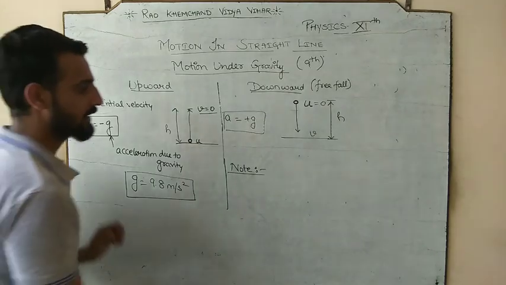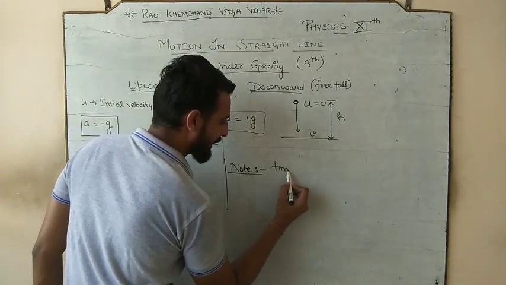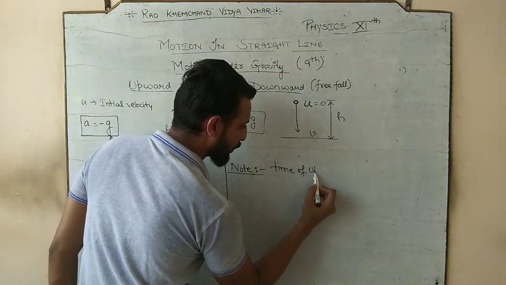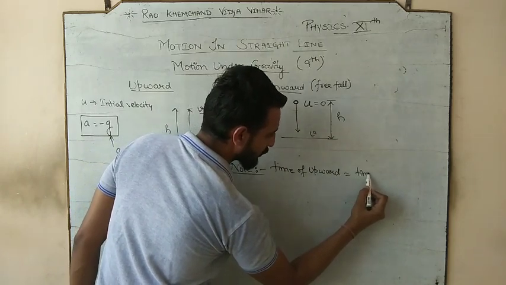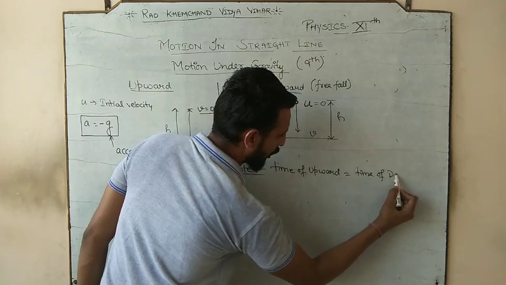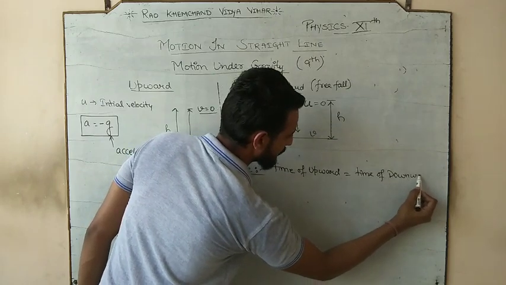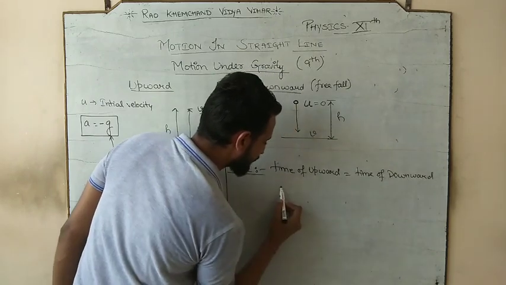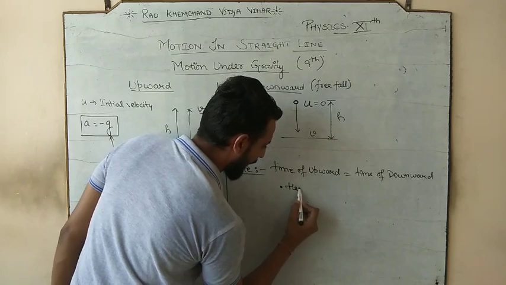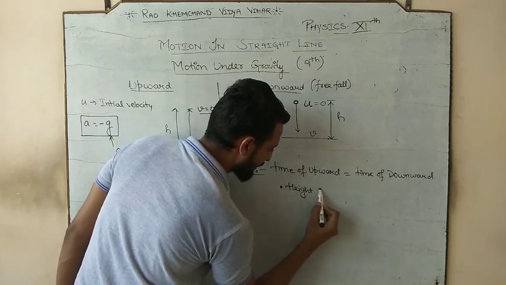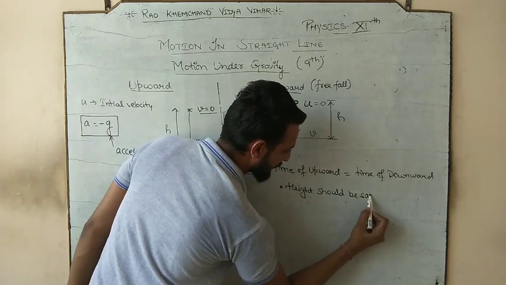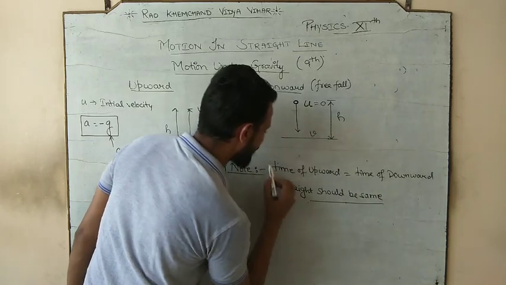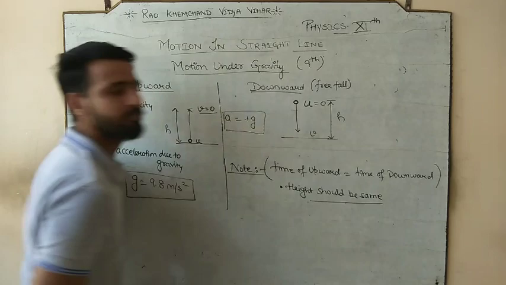What is the note? That the time of upward is always equal to the time of downward, but the condition is height should be the same. This is the point that is going to be very much helpful for you.